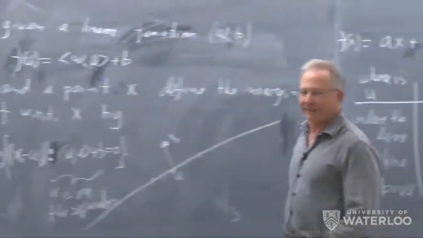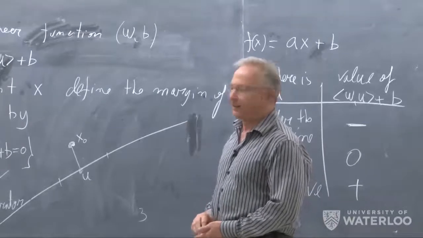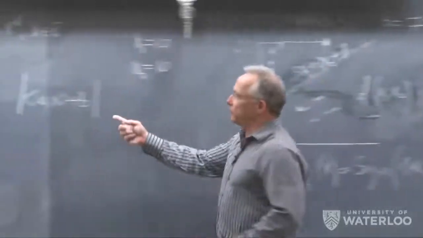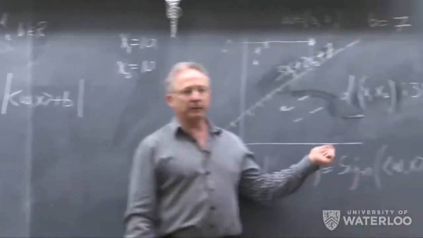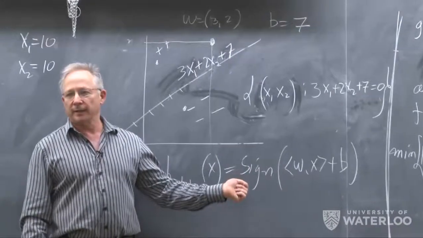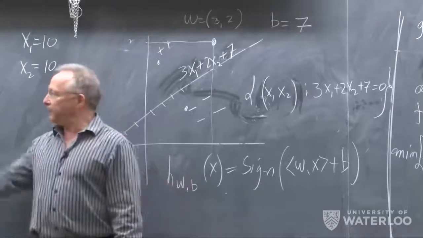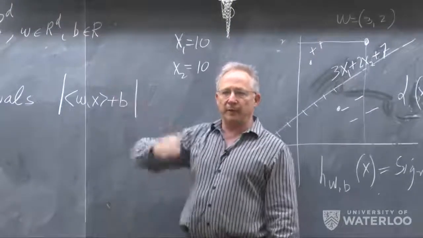Okay? So what I'm just trying to tell you is that we're using this for classification all the time, linear classifiers. And I'm just trying to give you the geometric interpretation of this. If I take a point and I evaluate this, not just the sign, the sign tells me whether I'm above or below the line.